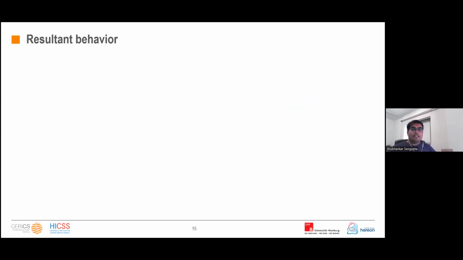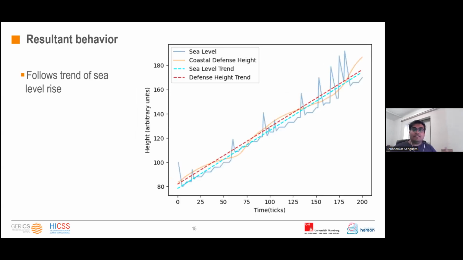And if you take the height of coastal defenses as a proxy for agent action, we find that it closely follows the trend of sea level rise. This is a consequence of its reactivity, because it develops the coastal defenses when the sea level is past the threshold height, and then it lets them deteriorate until the sea level exceeds it again.